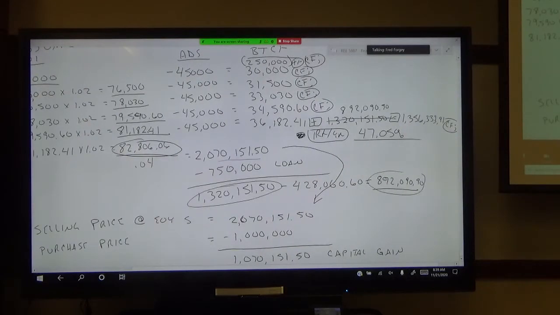Everything else is going to stay the same. You obviously have to revise that total amount there, and then revise the internal rate of return. Okay, does everybody see that?